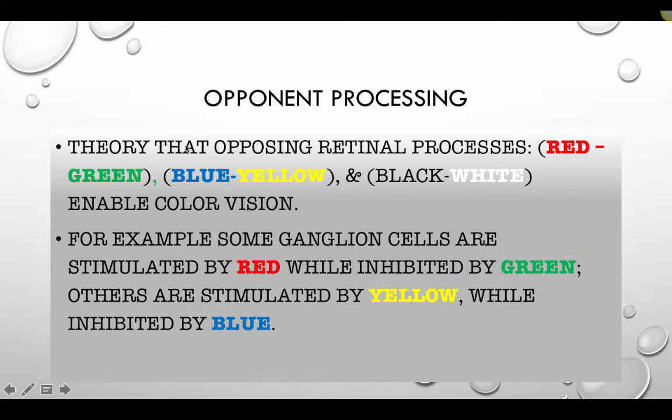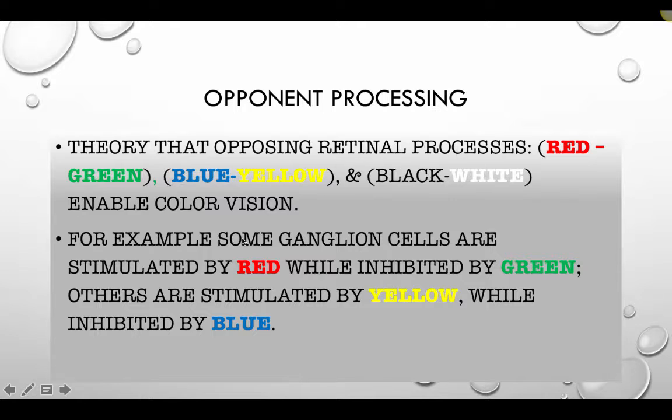This theory, proposed by Ewald Hering, suggests that after signals leave the cones, color is processed in the ganglion cells in opponent pairs. Those pairs are always the same pairs. They're either red or green pairs, blue or yellow pairs, black and white pairs.